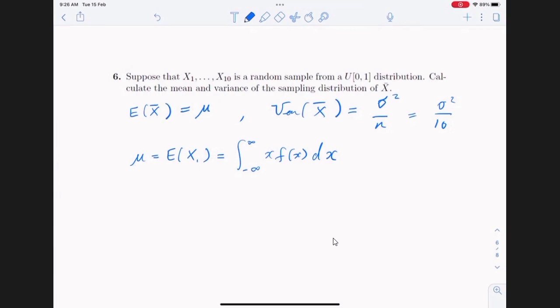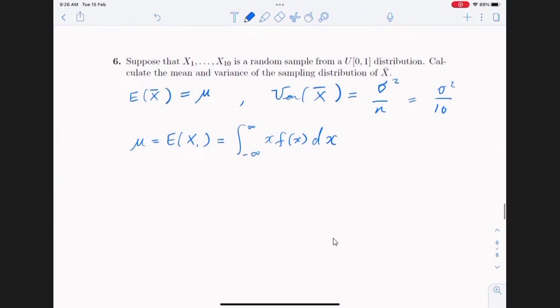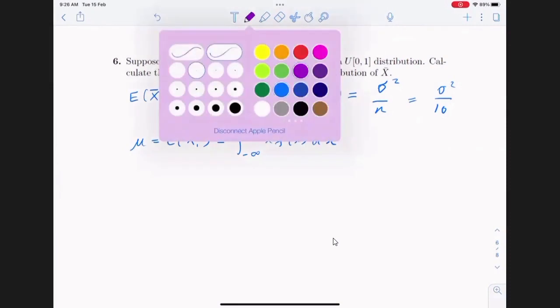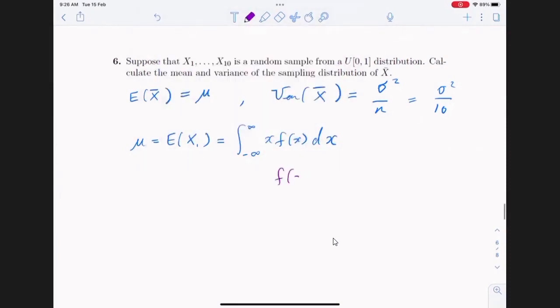To find this for a particular distribution, like uniform 0 to 1, we first need to find out the probability density function.